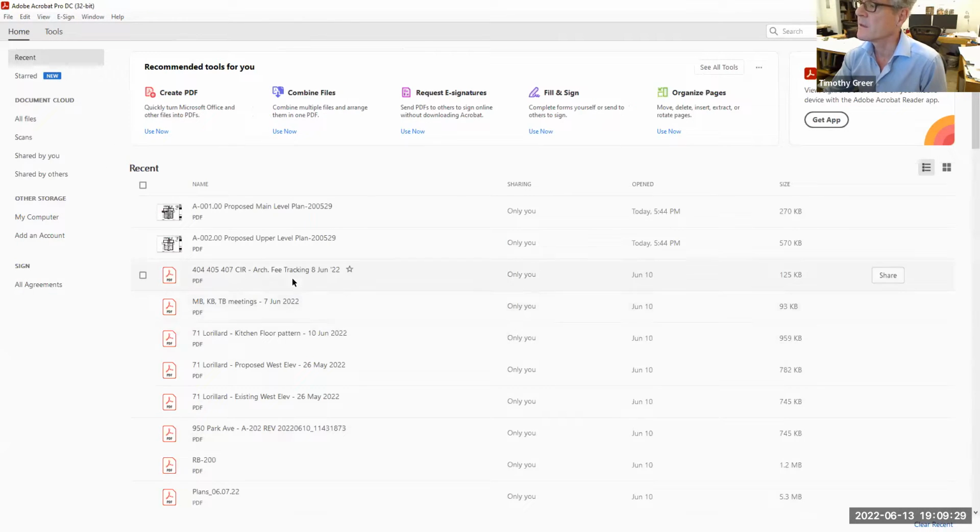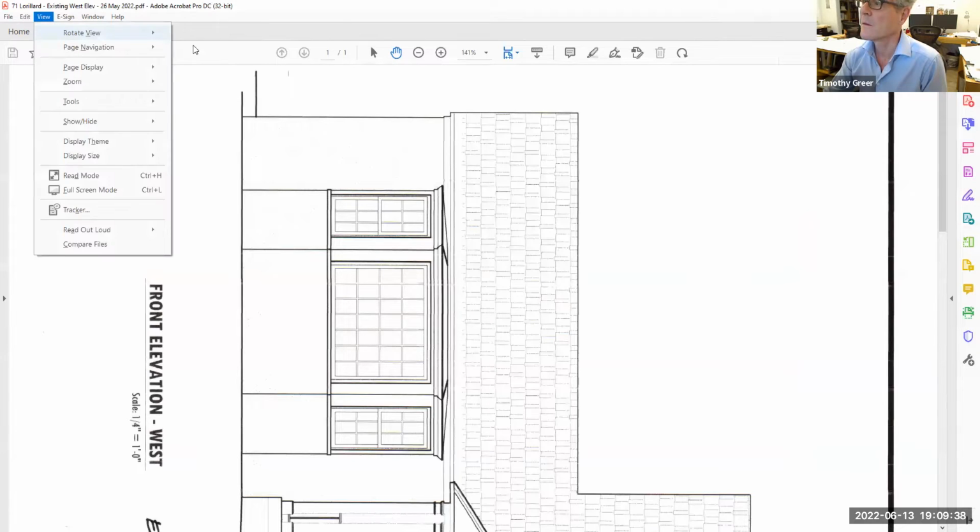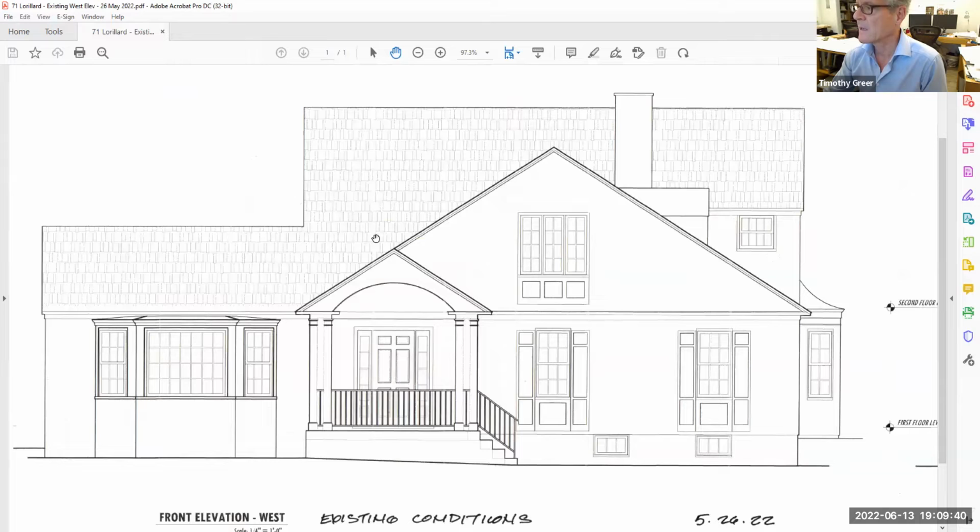Let's see. West elevation. Okay. Sorry about that. That's not it.